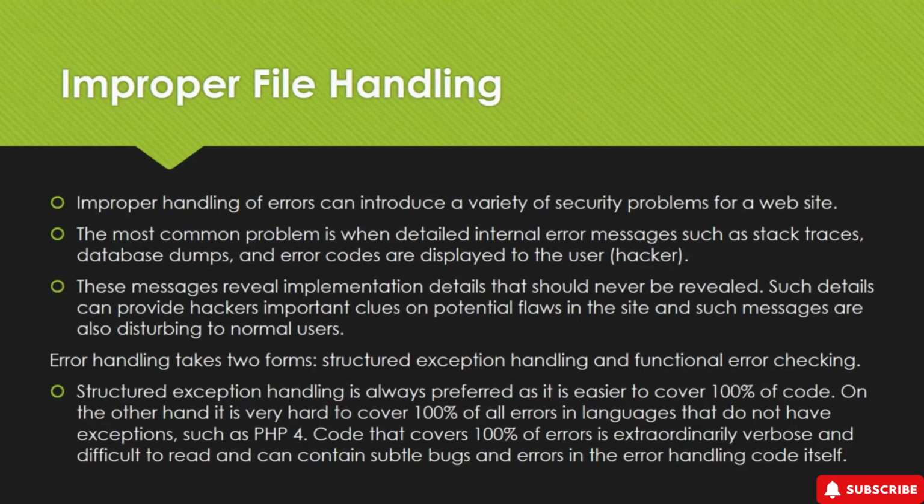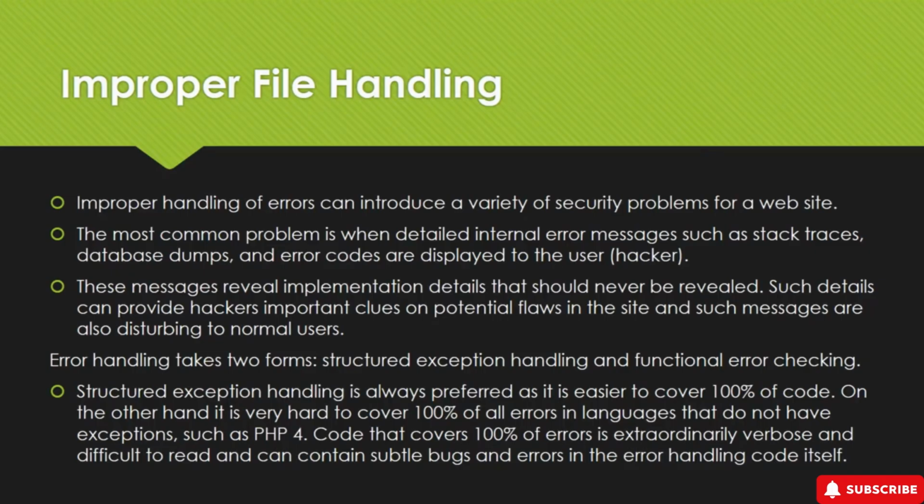Okay, now let's talk about what is improper error handling. Improper handling of errors can introduce a variety of security problems for a website. The most common problem is when detailed internal error messages such as stack traces, database dumps, and error codes are displayed to the user, or maybe to the hacker.